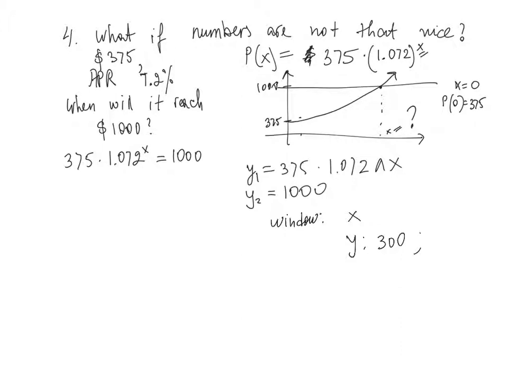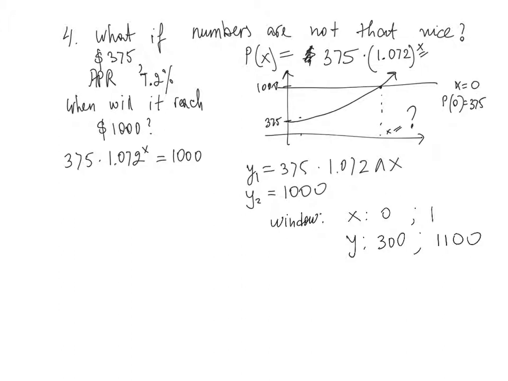And the maximum, don't make it 1000, you really want to see 1000, so make it 1100 or something. Now, x, we want to start with 0 probably, and then how far do we go? I have no idea. It's not such a fast growth, 7% a year, so it may take a while.